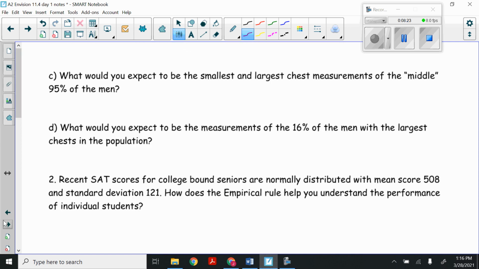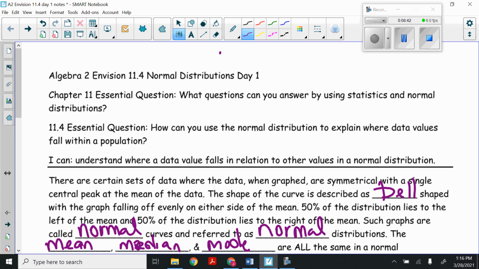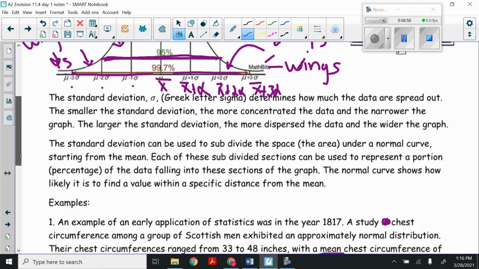The next one, what would you expect to be the smallest and largest chest measurements in the middle 95% of the mean? Okay, so we'll go ahead and write smallest and largest, and then we'll go back and we'll look. Remember where we said, I just passed it right here, 95%, okay, that is within 2 standard deviations above or below.